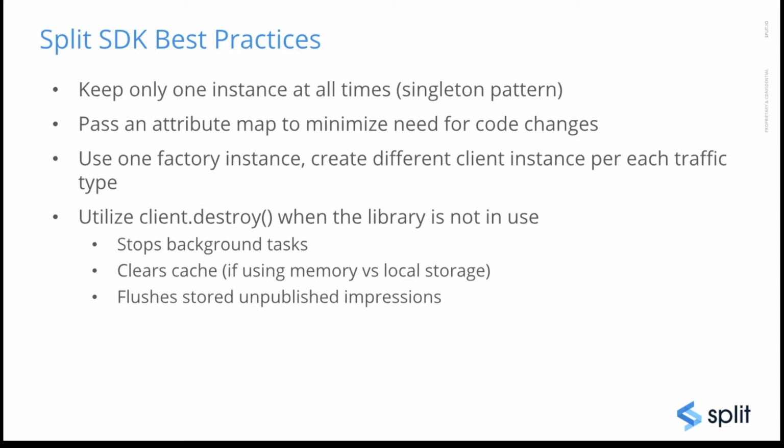It will stop the synchronizing threads which connect to the Split cloud and download Split changes, and it will clear the cache and flush all the stored unpublished impressions. However, you need to make sure that when you call the client destroy, if you need to use the Split SDK again, you have to initialize the factory object again, because the factory object is also being disabled at this point.